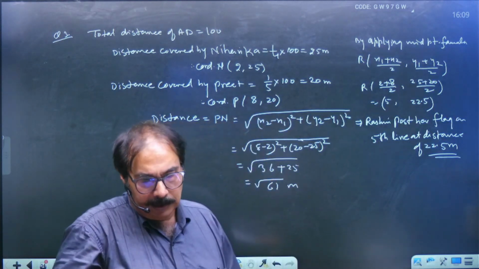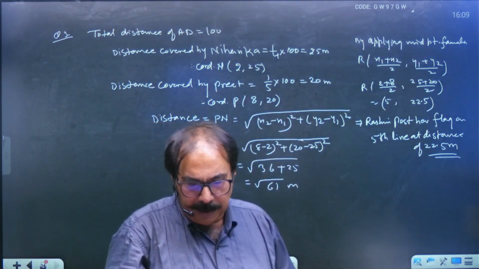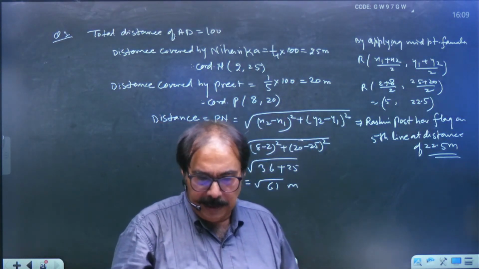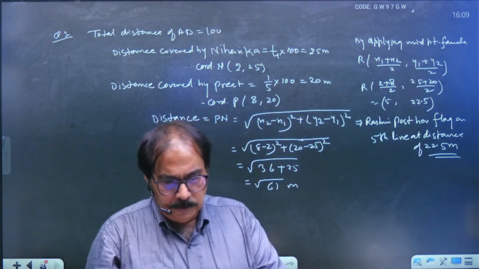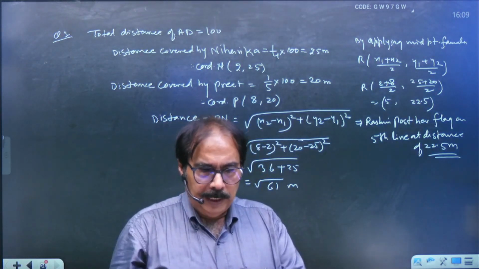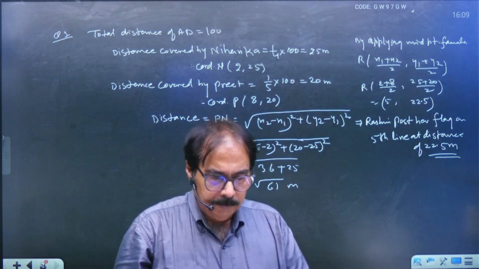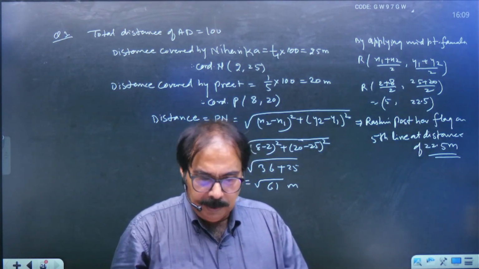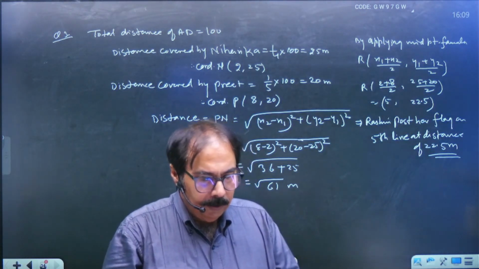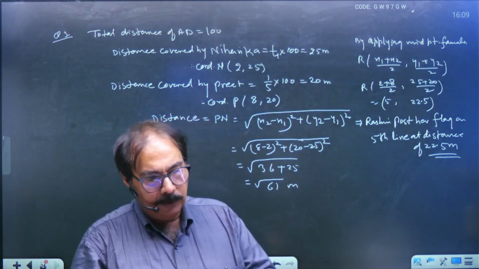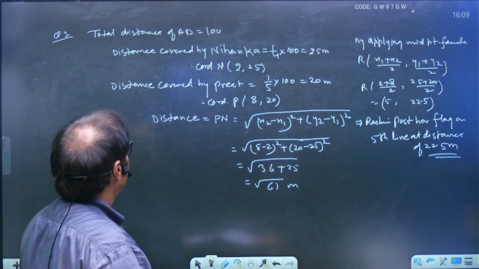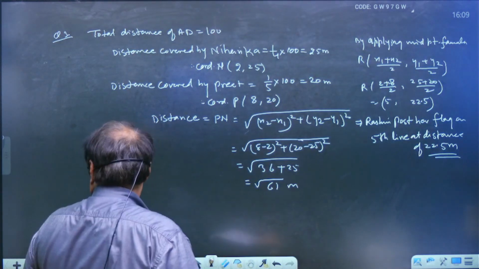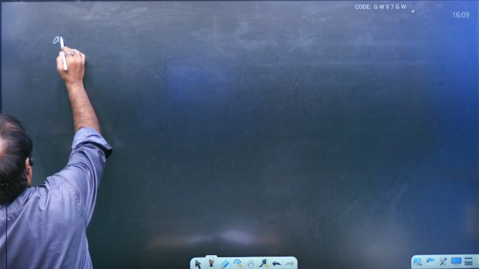The question is, if Rashmi has to post a blue flag exactly halfway between the line segment joining the two flags, where should she post her flag? So she must post her flag on the fifth line at a distance of 22.5 meters, right? Got it?